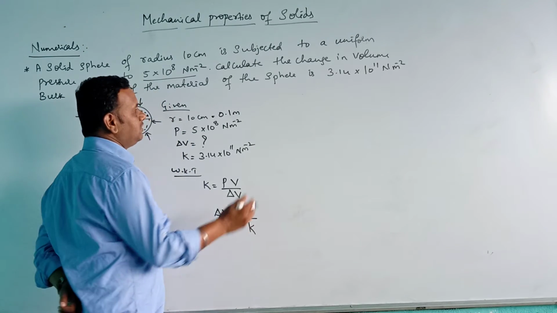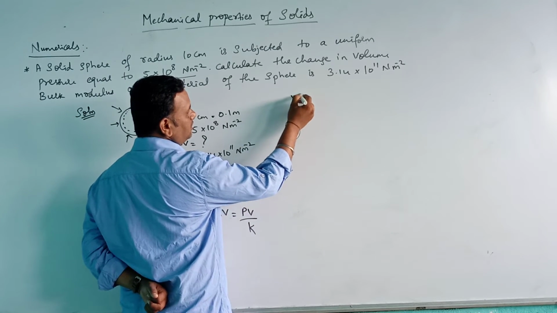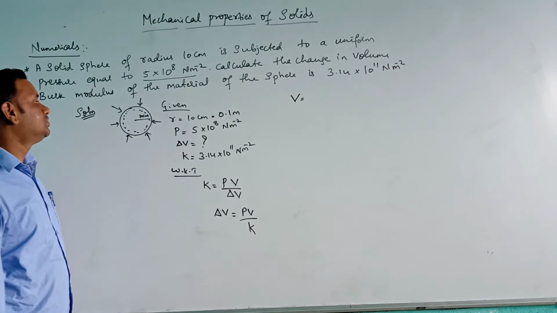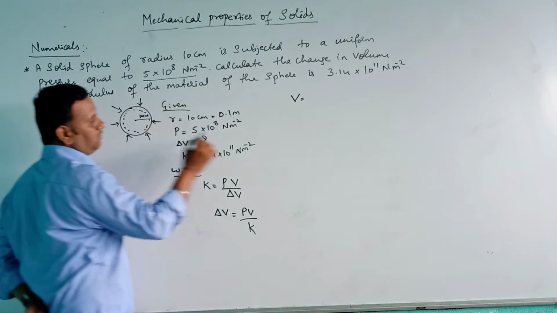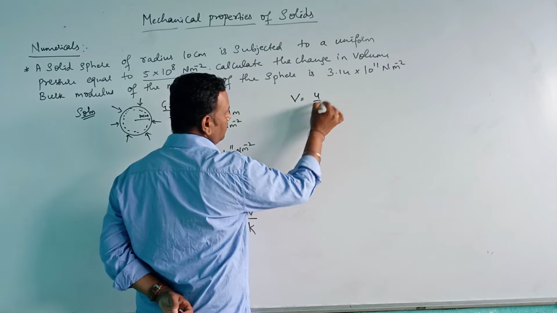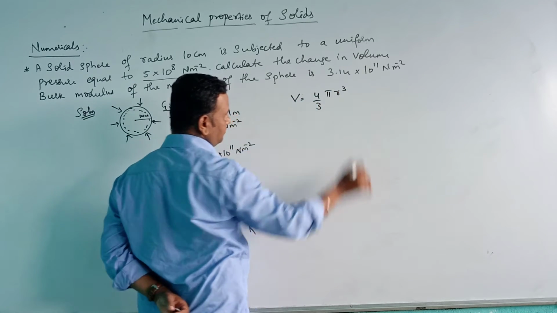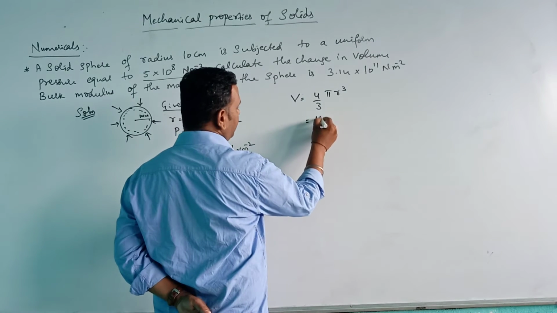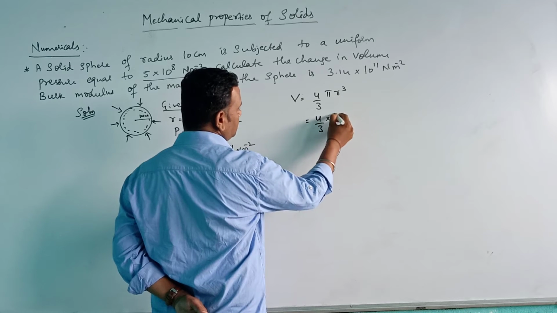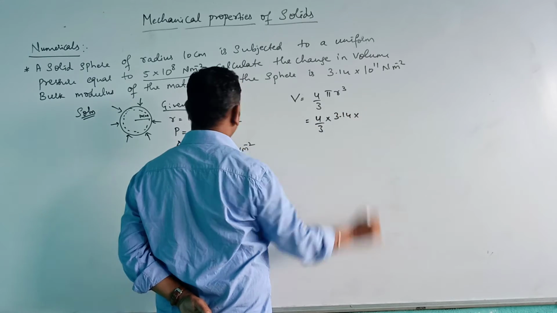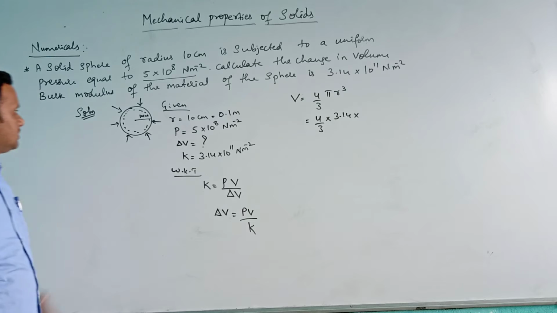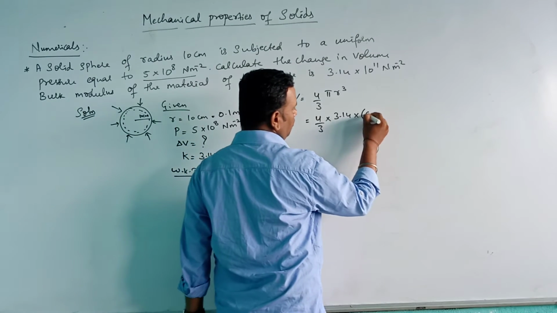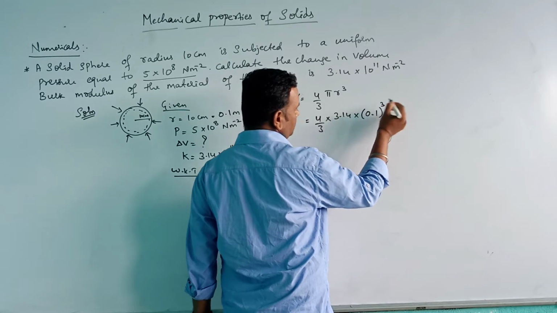So how can we find out the original volume? V means volume of the sphere. We know that the volume of the sphere is given by 4 by 3 pi r cube. Therefore 4 by 3 pi means 3.14, into r, the radius given, 0.1 cube.